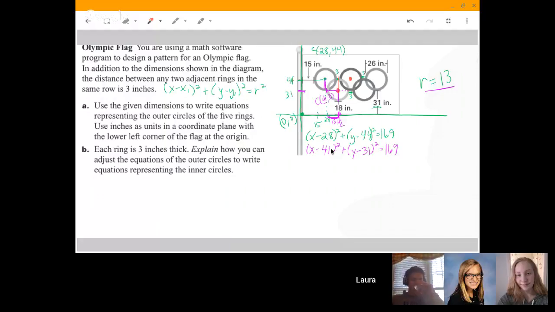All right, let me double check this before we get too off. I'm getting 1.5 because of the green 3 space in between, so it's got to be 1.5 on each side of that.